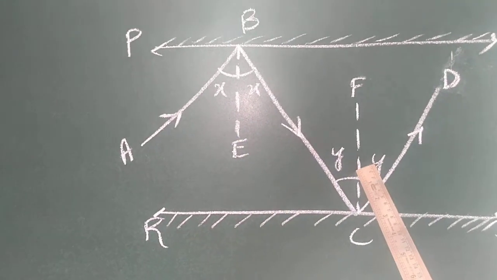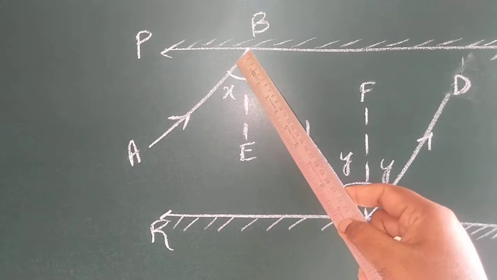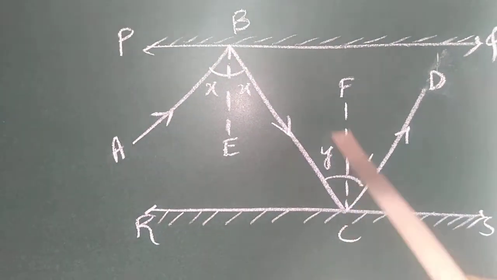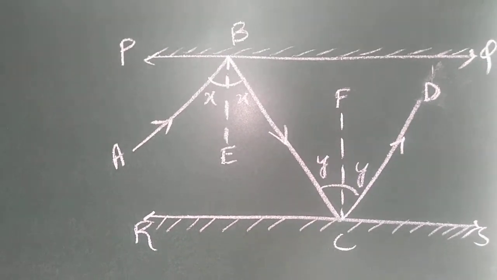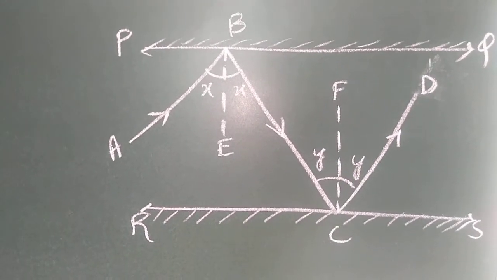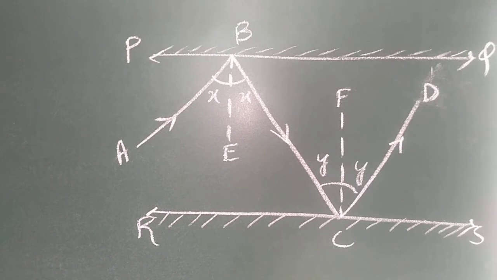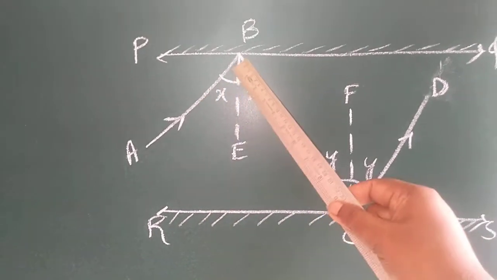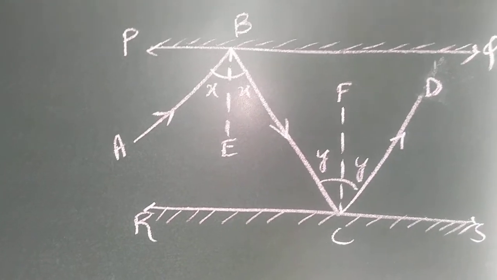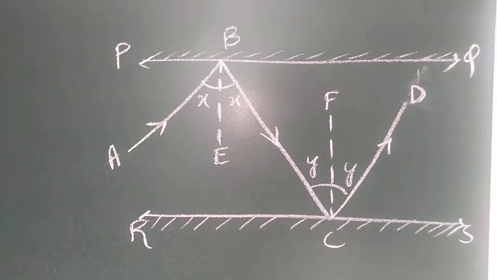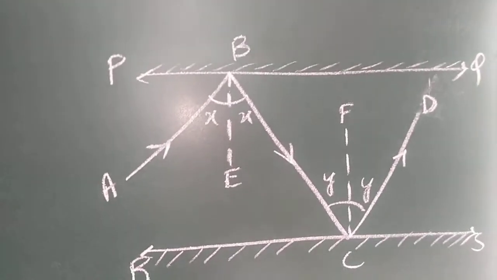Why? Because here the angle of incidence and angle of reflection are equal. We know from the earlier physics class we have learned the same thing, that the angle of incidence and the angle of reflection are always equal.